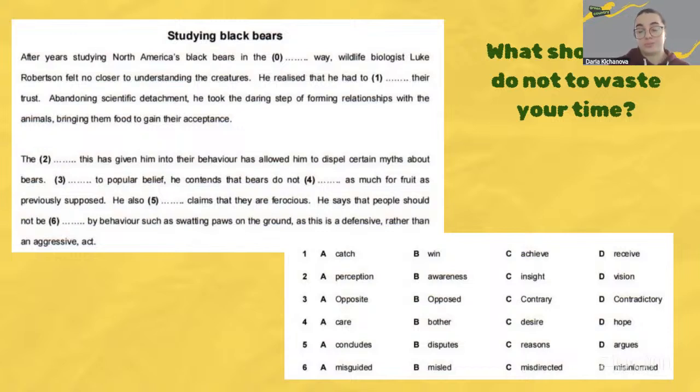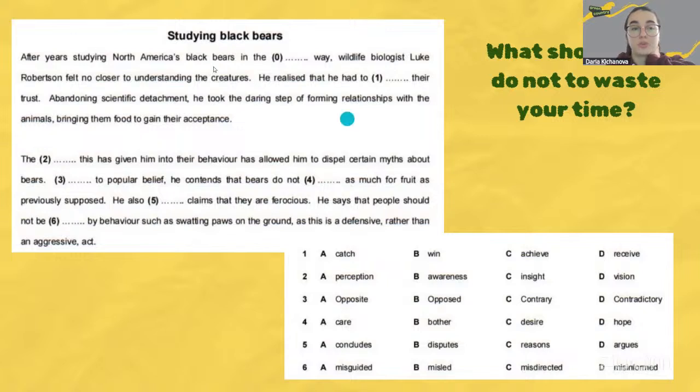So there we have got variants: catch, win, achieve, and receive. So let's discuss this. When we are talking about this question, we can see that we have such words as catch, win, and achieve, and we have had to catch, had to win, achieve, and receive.